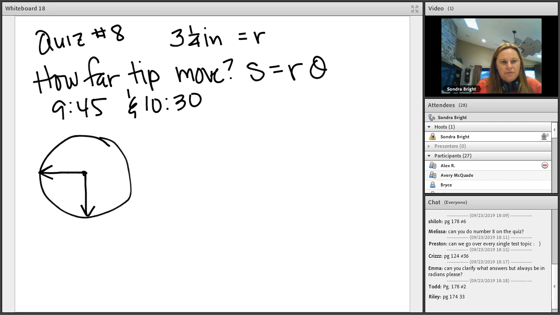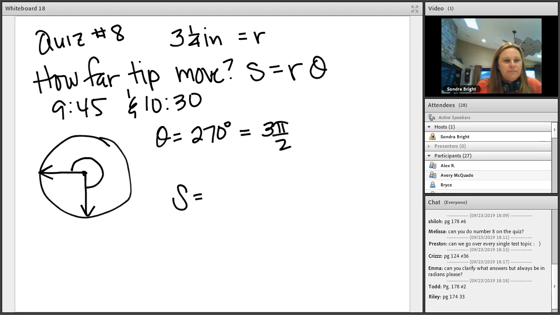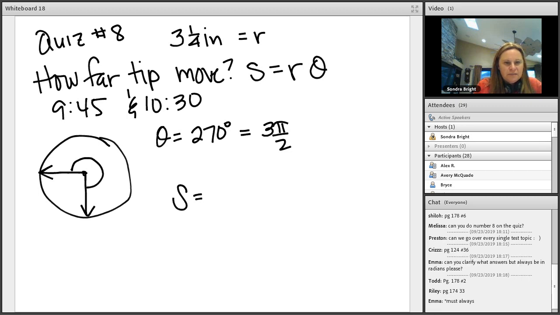And so we want to know through this angle here. And so that theta is 270 degrees, but you've got to change it to radians, which is 3 pi over 2. And so your arc length, and by the way, when they're asking how far did it move, they're asking this distance there, which is your arc length.